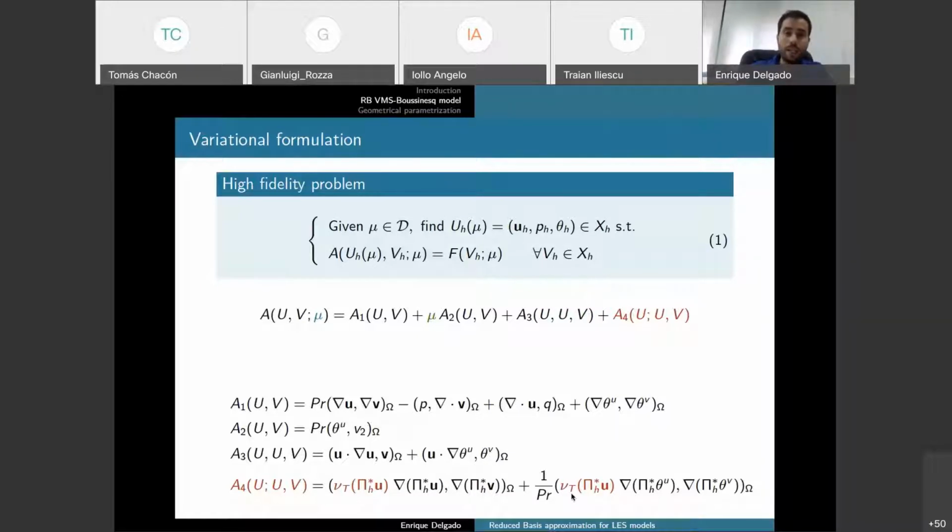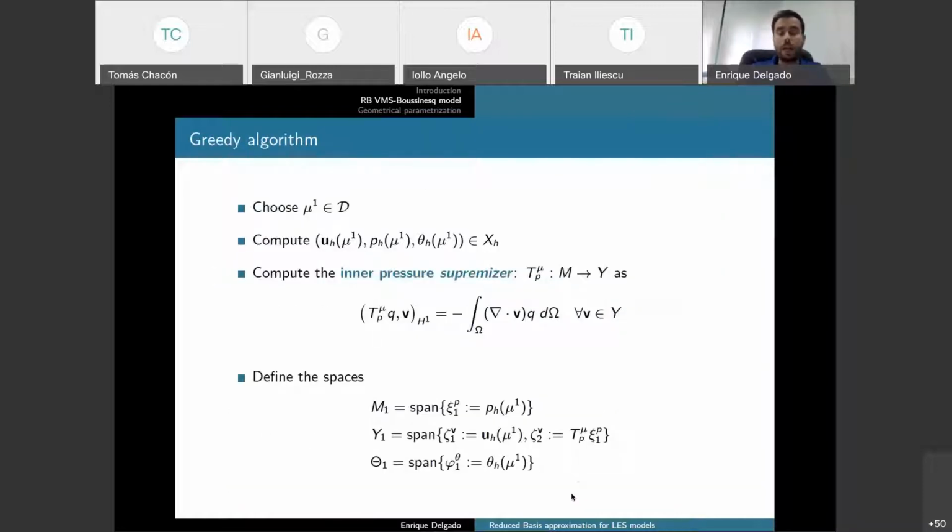So we perform a greedy algorithm in order to set the reduced basis. In the first stage of the greedy algorithm, we take a random value of the parameter. We compute the snapshot associated to this parameter value, and we also have to compute an inner pressure supervisor in order to stabilize the velocity space.